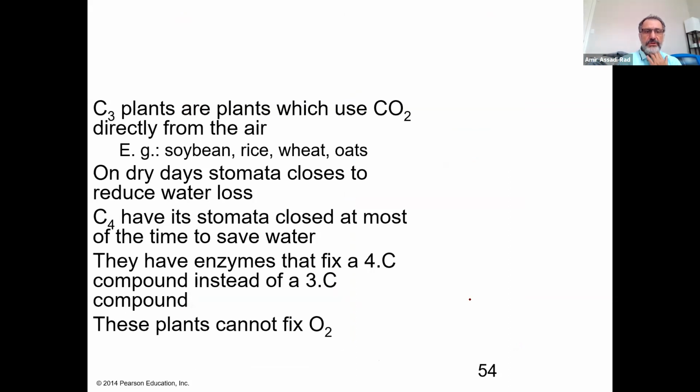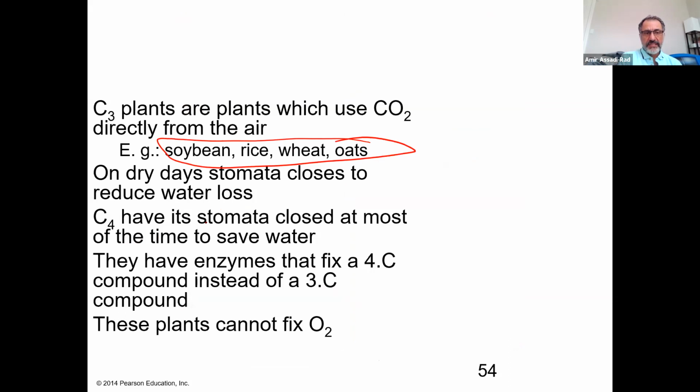C3 plants, these are my notes, not from your textbook. C3 plants are plants which use carbon dioxide directly from the air. Soybean, rice, make sure you know these examples. On a dry day, stomata close to reduce water loss.